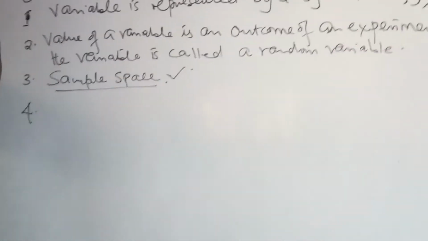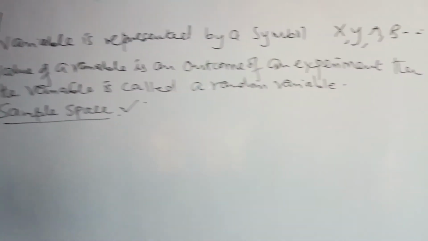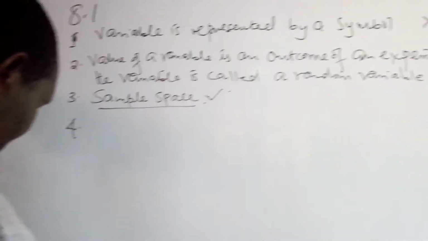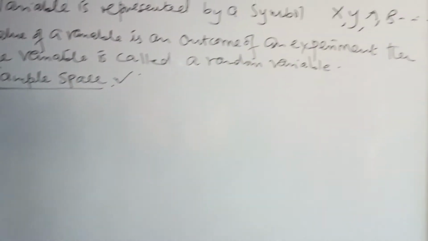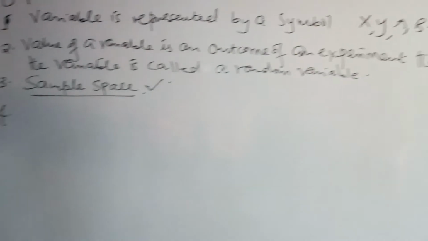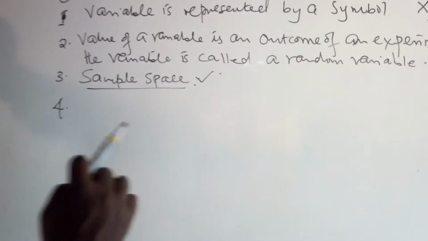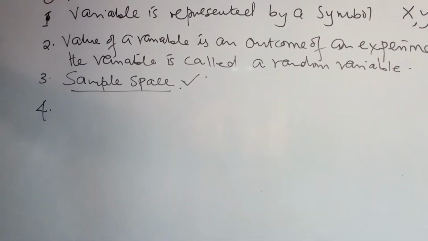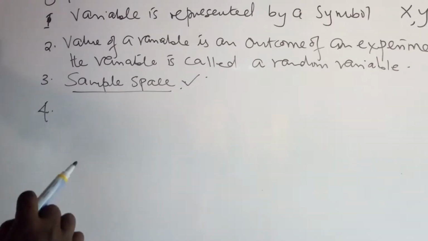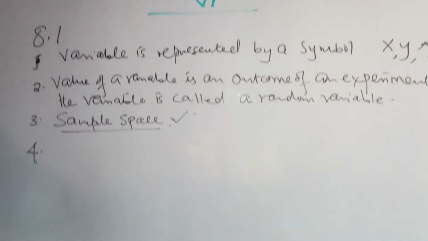Sometimes you may want to differentiate between a random variable X and one of its values. It is important to understand that capital letters like X are used for the random variable, and a small letter such as small x for a particular value of the random variable.